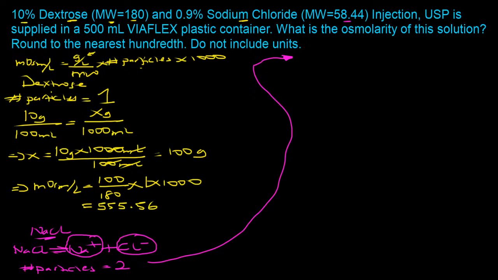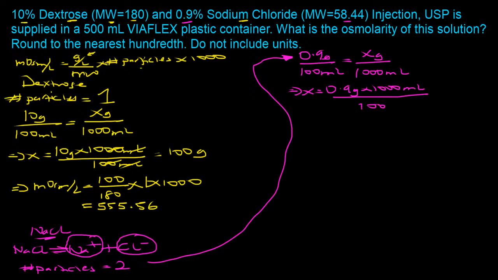So the way you approach that, once again, is you look for any concentration information, and 0.9%, so this is basically normal saline, and 0.9% implies that you have 0.9 grams of sodium chloride in 100 milliliters of solution. But here again, we need it in grams per liter, so we need to solve for the quantity in 1 liter, and a liter is 1,000 milliliters. Okay, so we solve for X, which would be 0.9 grams times 1,000 divided by 100 milliliters.